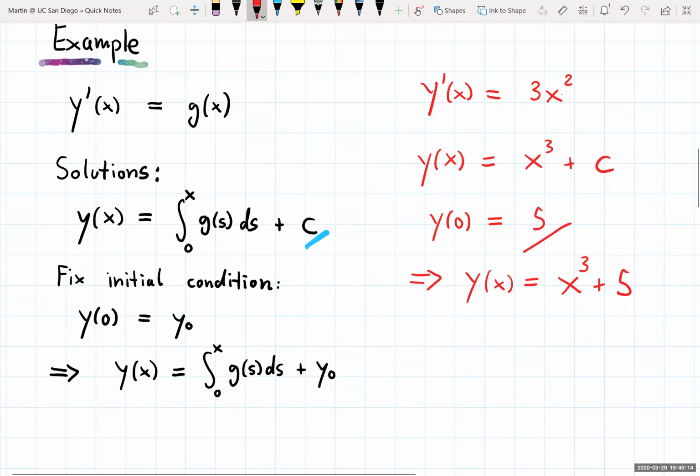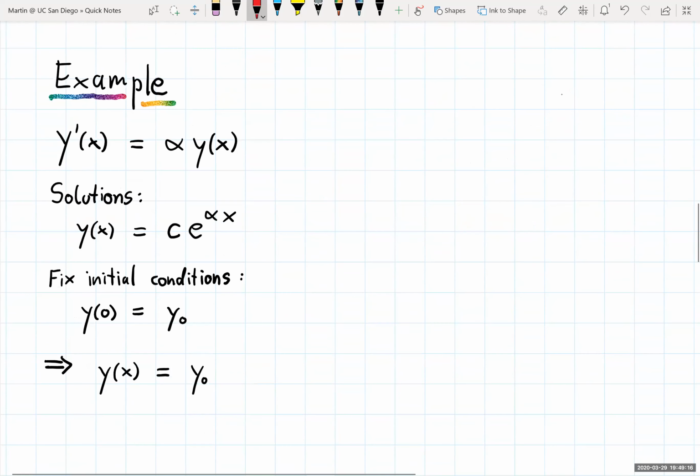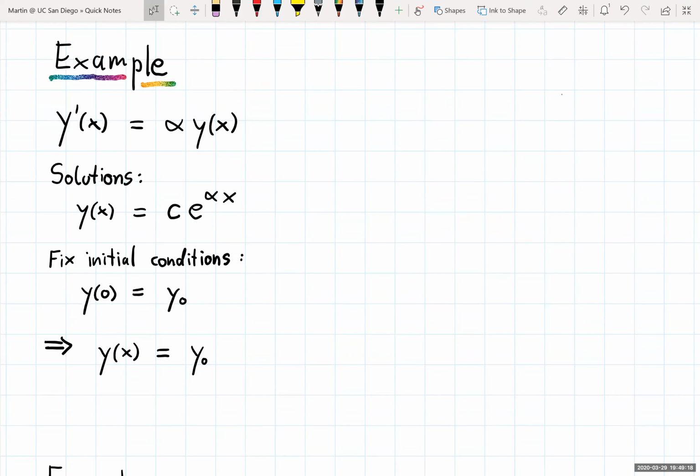So one example of something slightly more complicated is the following differential equation. Let's say I'm looking for a function y of x, and I know that the first derivative of that function y of x is the same as alpha times y of x, where alpha is just some number.